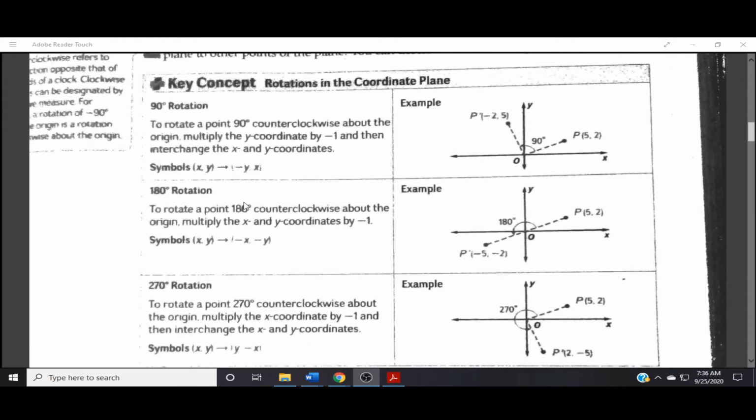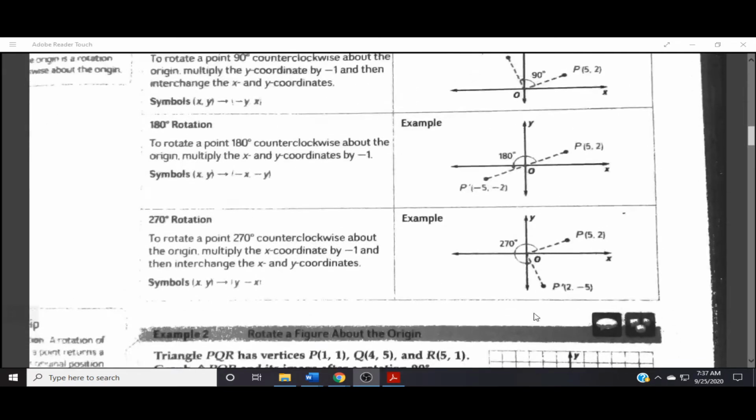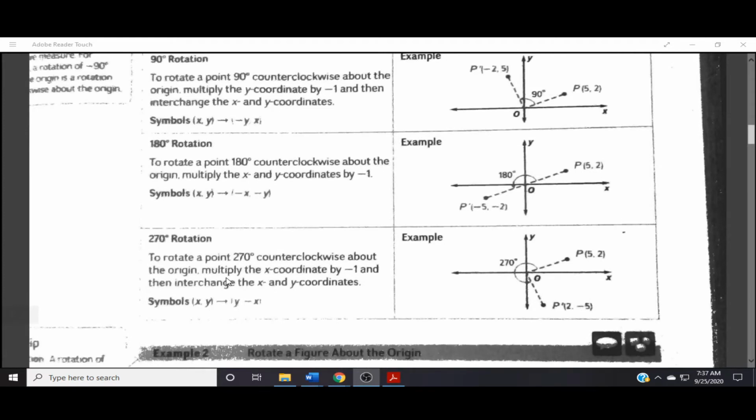When you do 180, this is a rotation around the origin. And then 270 degrees, or 90 degrees clockwise, will switch x and y, and the x will then become negative. So you switch positions and the x becomes negative.